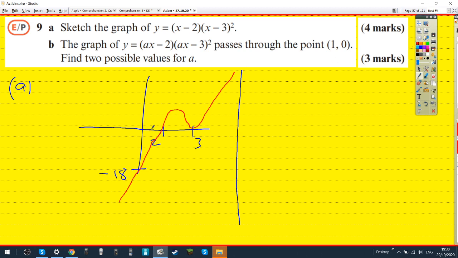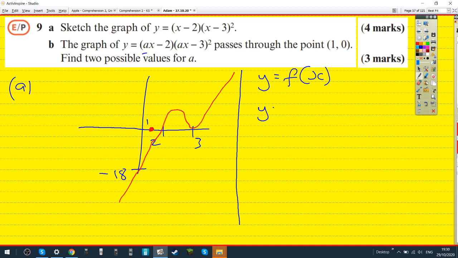Okay, so what two values, what two ways could you get the graph to go through 1 instead of 2 or 3? Would you have to make it so that the times multiplies by a half? And so what would it be if it multiplies by a half?